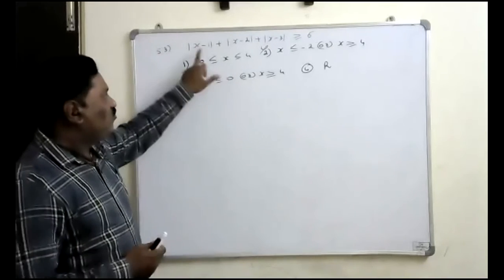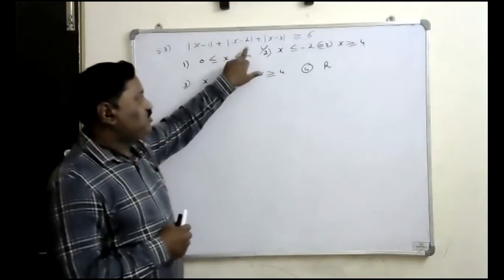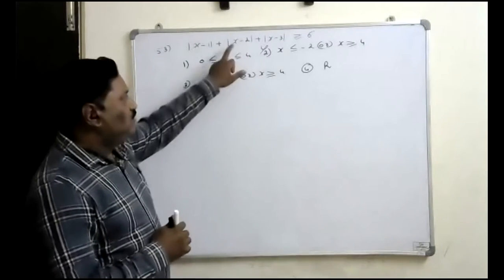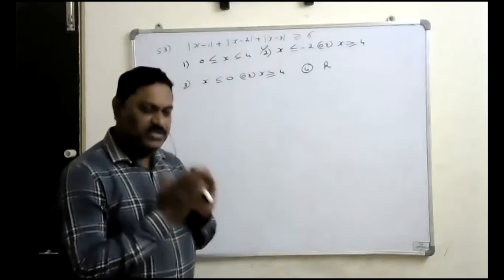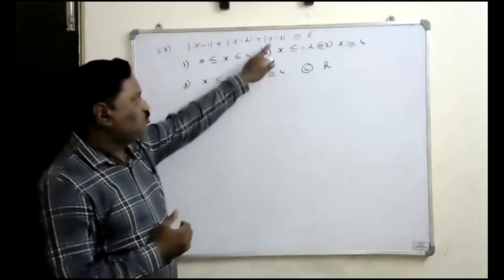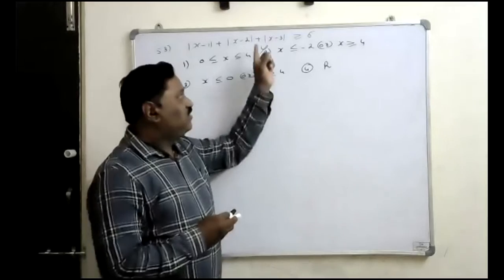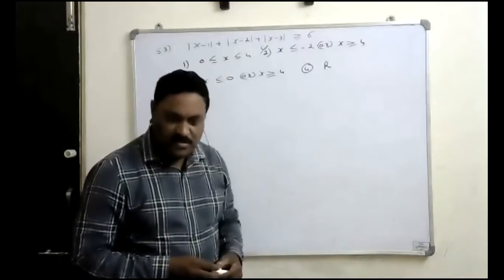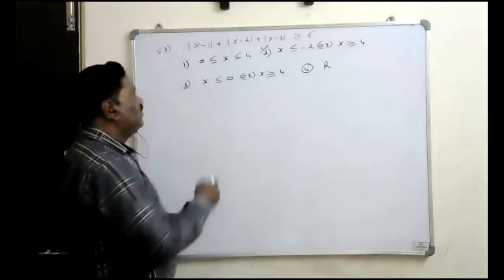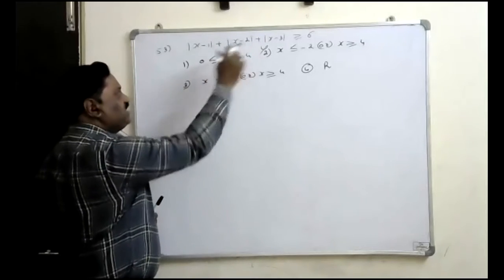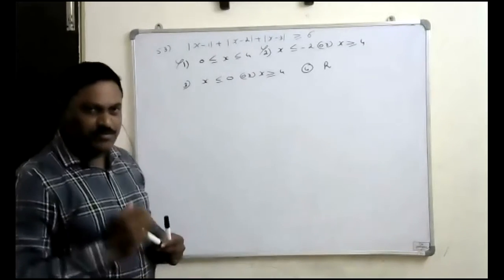Take x equal to 1. 1 minus 1 is 0. 1 minus 2 is minus 1, 1 minus 3 is minus 2, and modulus gives plus 1 and plus 2. 1 plus 2 is 3. Overall we get 3. But is 3 greater than or equal to 6? No. That's why 1 is there here, but 1 is not satisfying, so it is not correct. The first option is not the correct option.